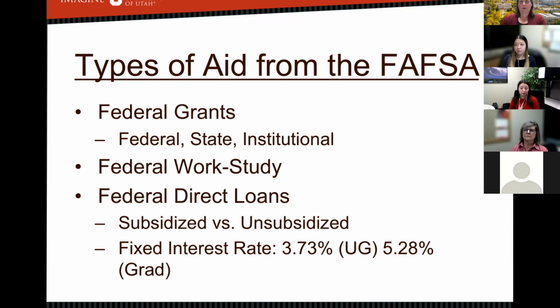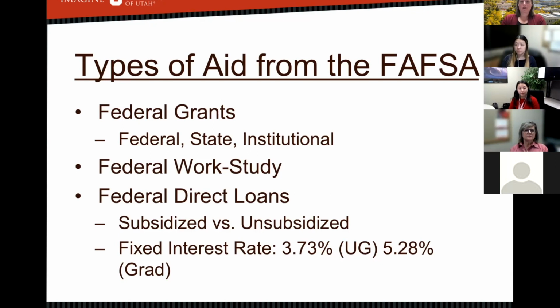So for the 22-23 FAFSA, you have up until, I think, June 30th. I'm trying to think, is it 2023? I think, for that deadline. So at the U, the fall semester, spring semester, and summer semester will fall under 22-23.